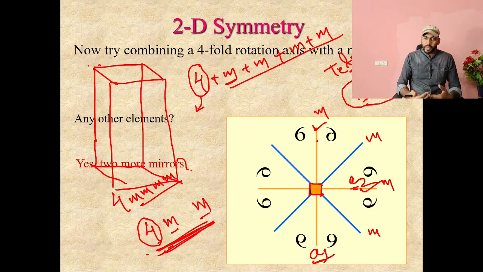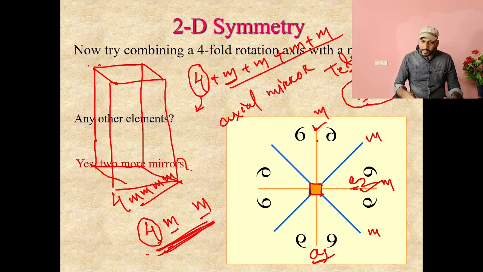That means two mirror planes are parallel to the crystallographic axis. We will call them axial mirror planes. Another two mirror planes, you can see, are connecting the edges.